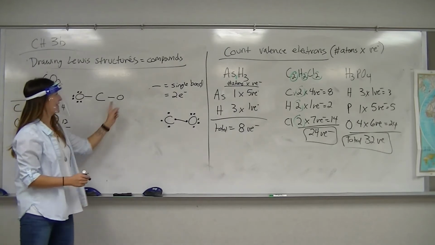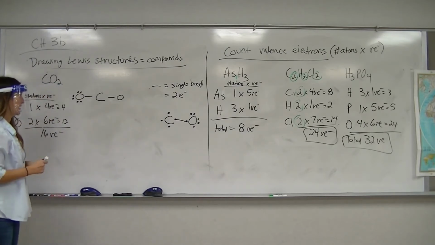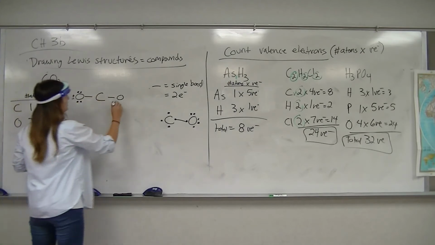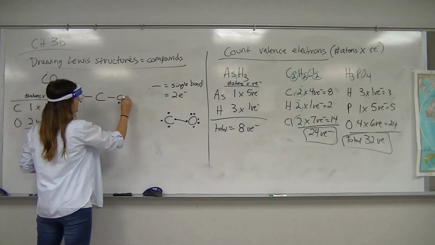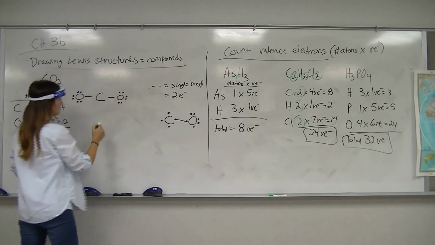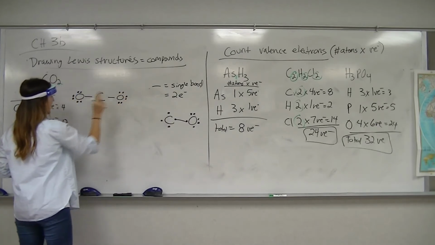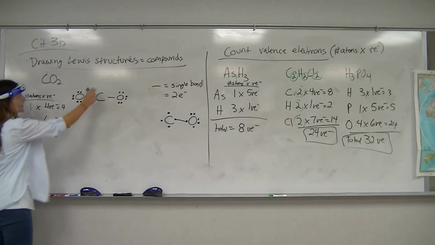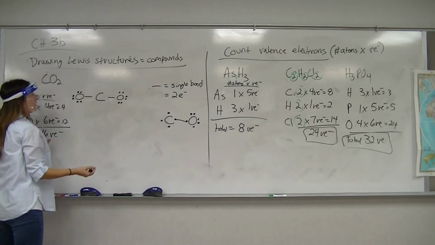But now I want to make the next oxygen happy, the next terminal atom. We're worrying about the central atom last. So I'm also going to do the same thing, because it wants 8 as well. 2, 4, 6, 8. So now this oxygen has 8. So before I go and make the central atom happy, I need to look and see, do I have any extra electrons to put on him or not?